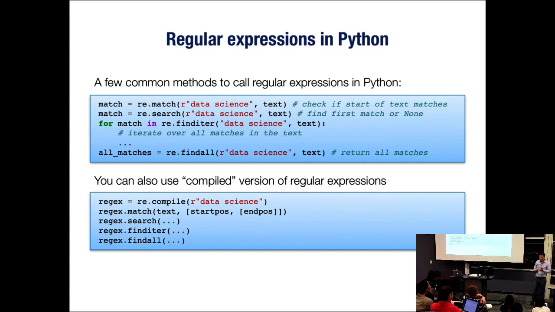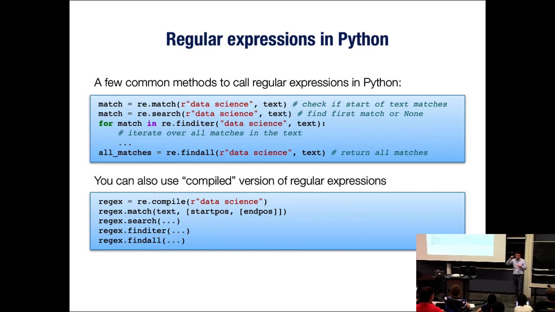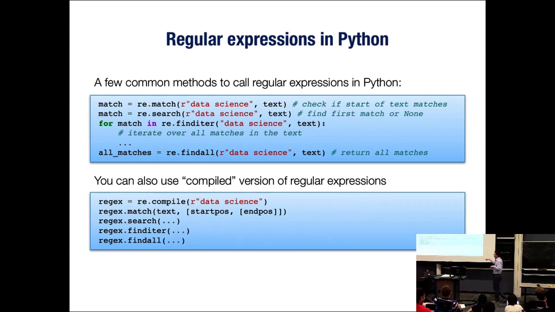Match will only match that expression if it occurs at the beginning of the string you provided. Okay, so if it's space data science, that will not match that. So this function here, if text does not start with data science, it will return None. It will not return a match.